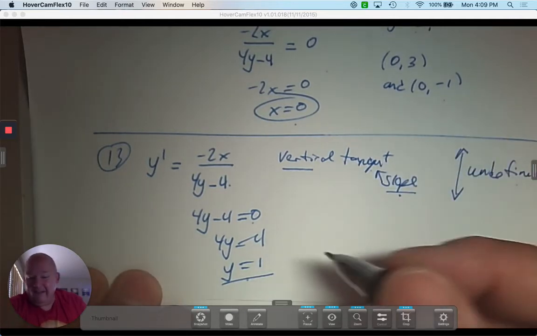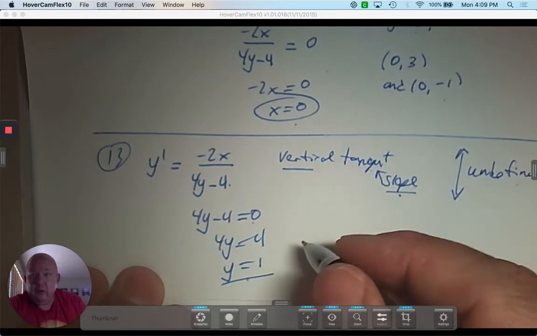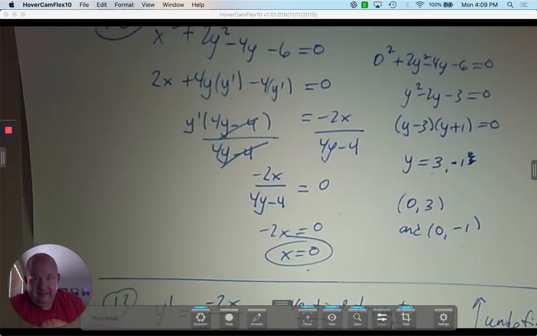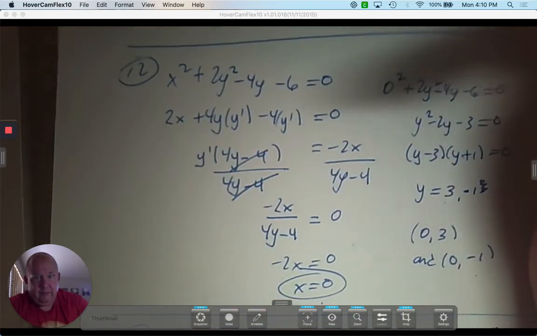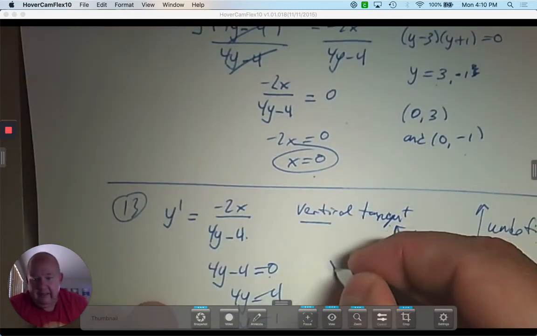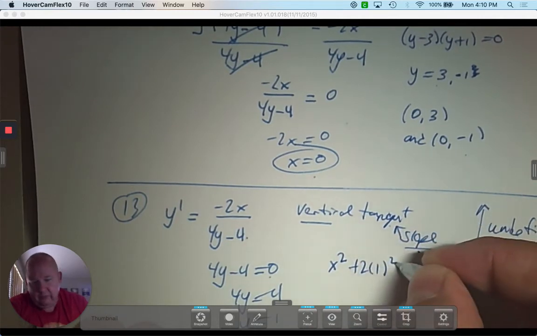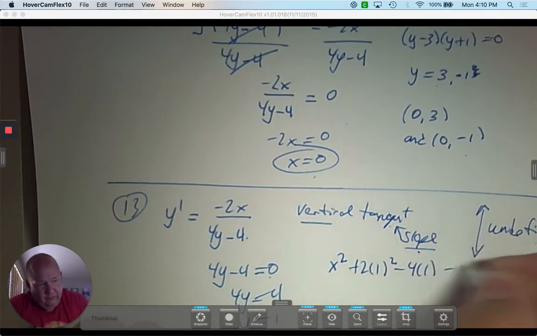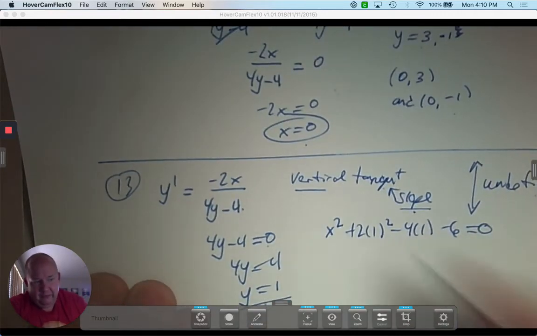Next, I need to find the point. So I need to find the x-coordinate that goes with it. I've got to go way back to the beginning again and substitute in and find the x-coordinate that goes with it. So I need to plug in 1 for y. So I have x squared plus 2 times 1 squared, subtract 4 times 1, subtract 6. Now I'm going to solve for x.